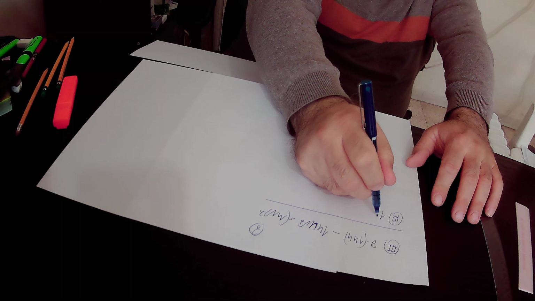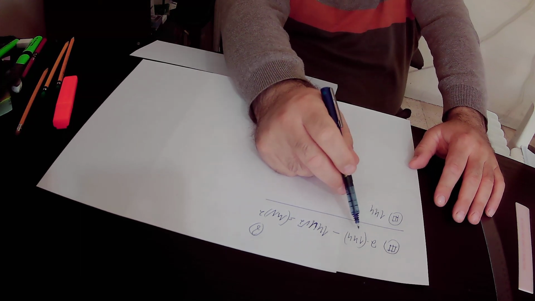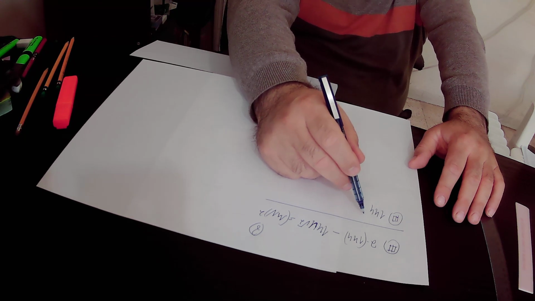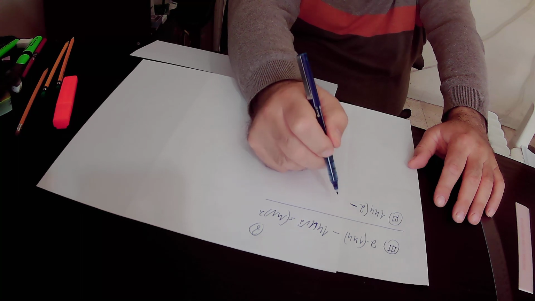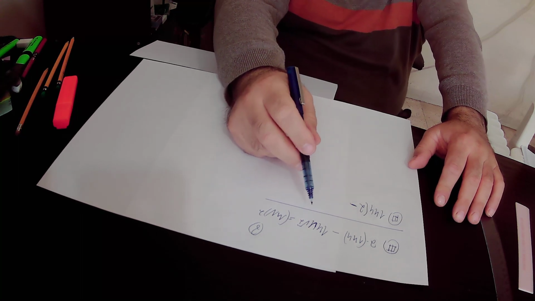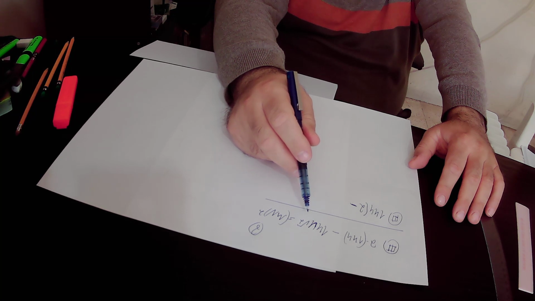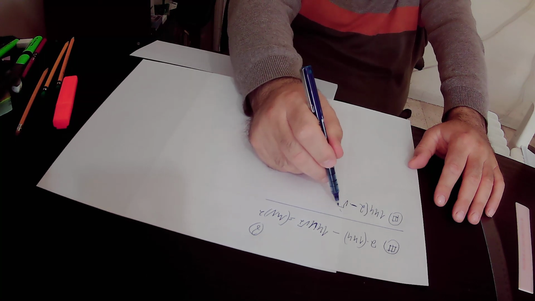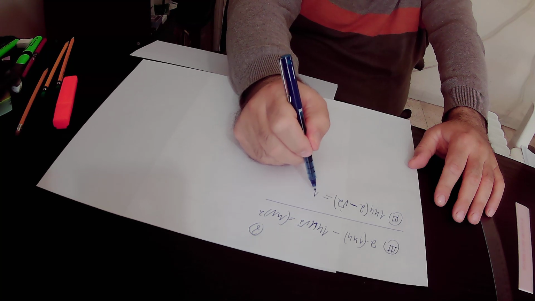What is left from 2 times 144 after we took 144 out is 2. And what is left from minus 144 times square root of 2 is minus square root of 2. That equals MN squared.